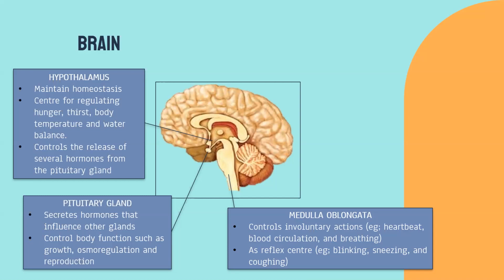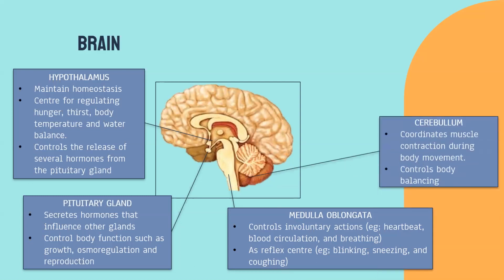Other than that, the medulla oblongata is also a reflex center, for example the blinking of eyes and sneezing. For all those actions, you do not need to think, but your body responds very quickly, which is known as reflex action. Next, another part is the cerebellum, which is located down there, at the bottom part. The function of the cerebellum is to control body balance.